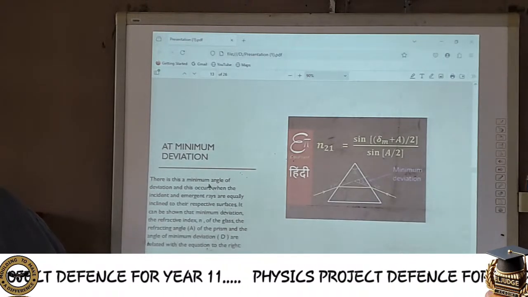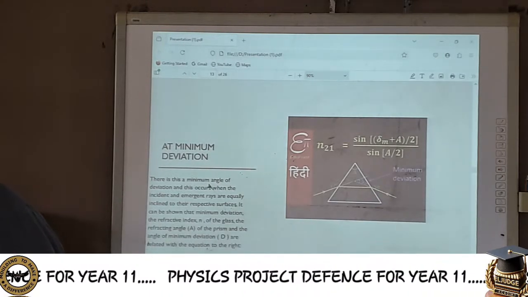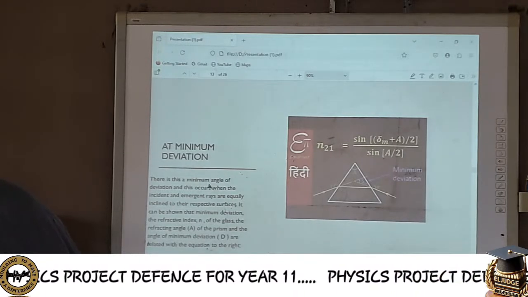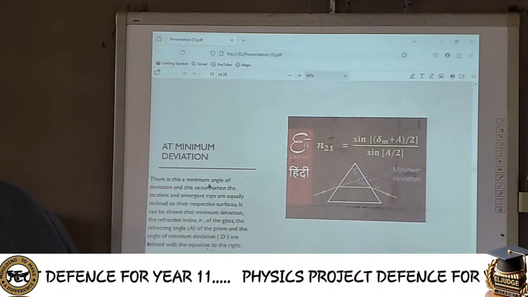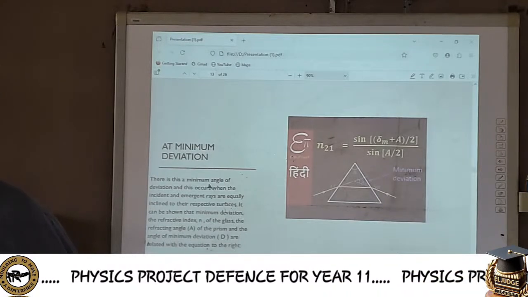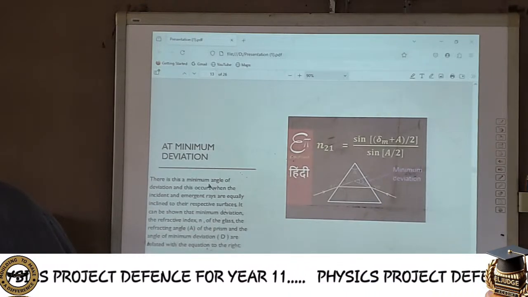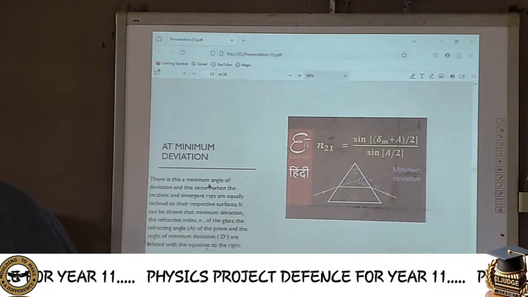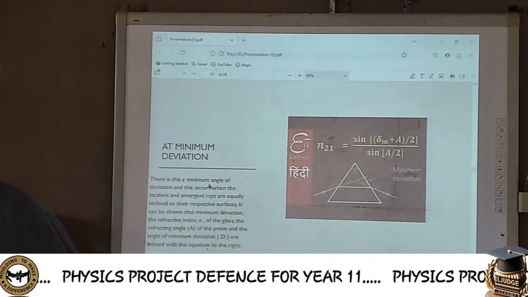where you have the refractive index from medium 2 to medium 1. Now you have sine i over sine r, where your sine i is the minimum deviation plus the refracting angle of the triangular prism, divided by 2.